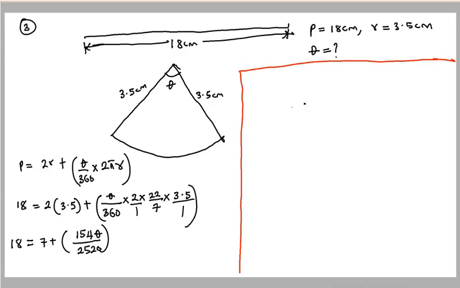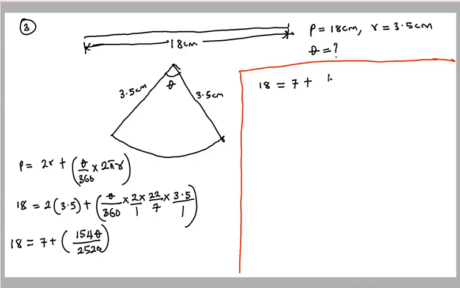So I will now have that 18 is equal to 7 plus, let's do 154 divided by 2520. 154 divided by 2520 is 11 over 180.